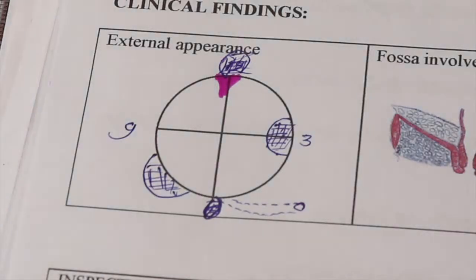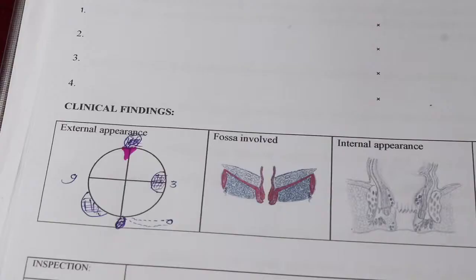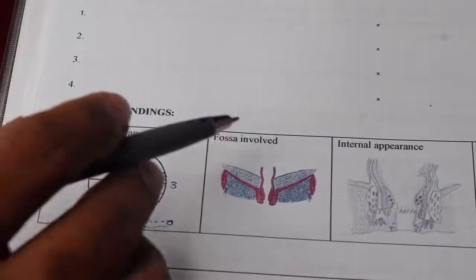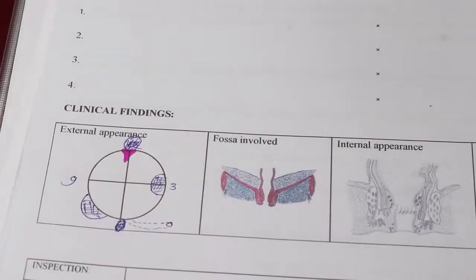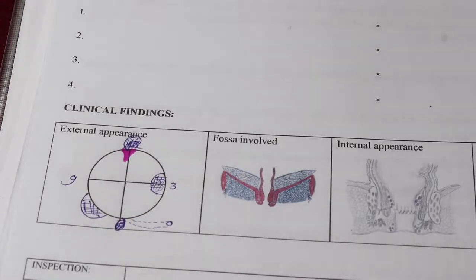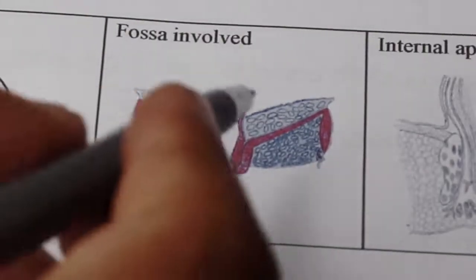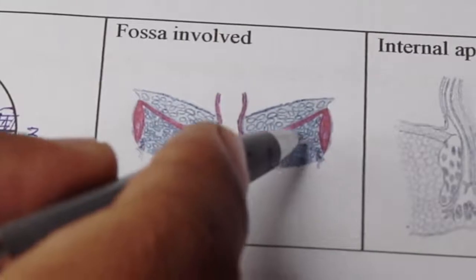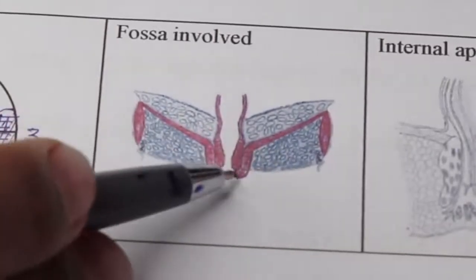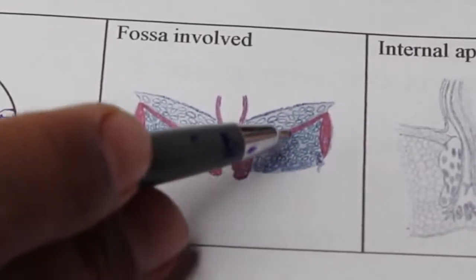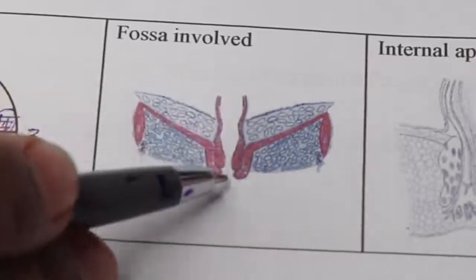And next comes the fossa which is involved. This second diagram will help us to understand properly about the abscess, whether the ischiorectal fossa is involved, the perianal region is involved, or the supralevator ani is involved.